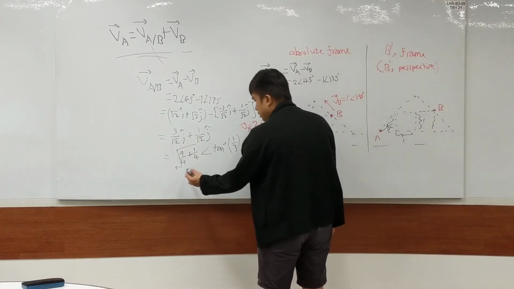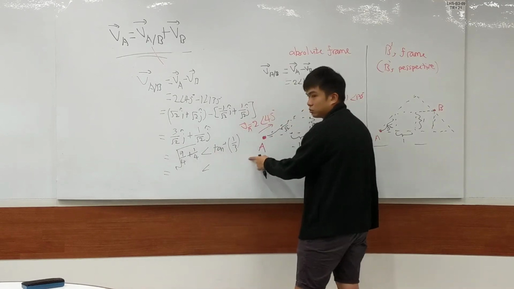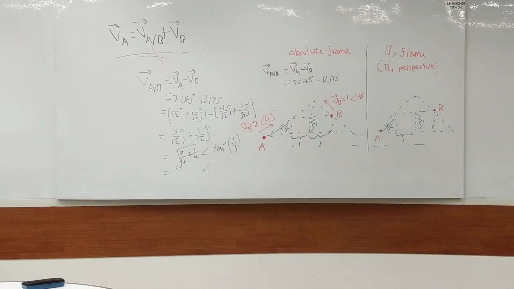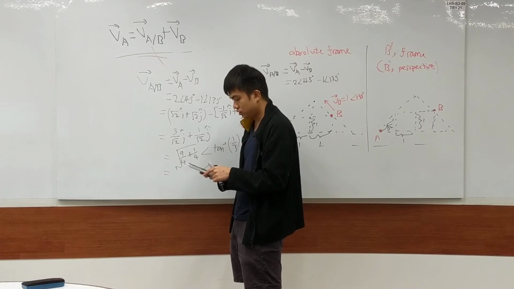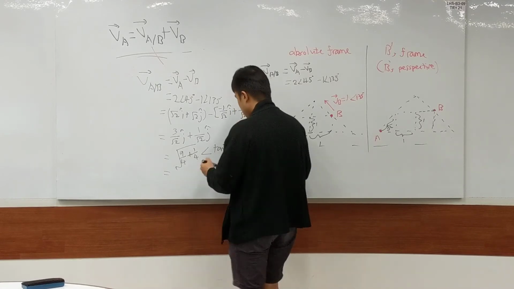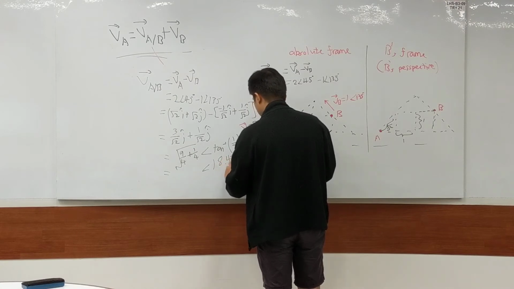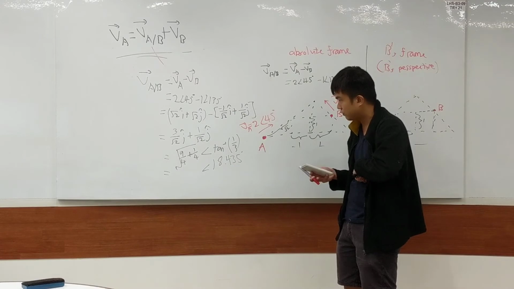Now, what is the arctangent of 1 over 3? It equals 18.435 degrees.